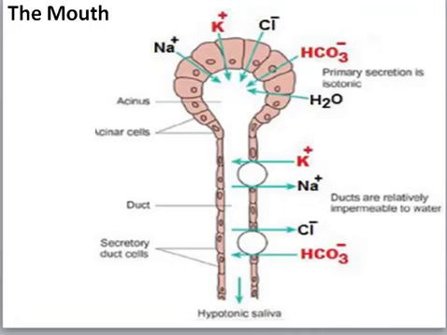The production of saliva also has neural control. The neural control may be from the parasympathetic or from the sympathetic. The sympathetic control of salivary secretion is very limited, while the main control is from the parasympathetic.